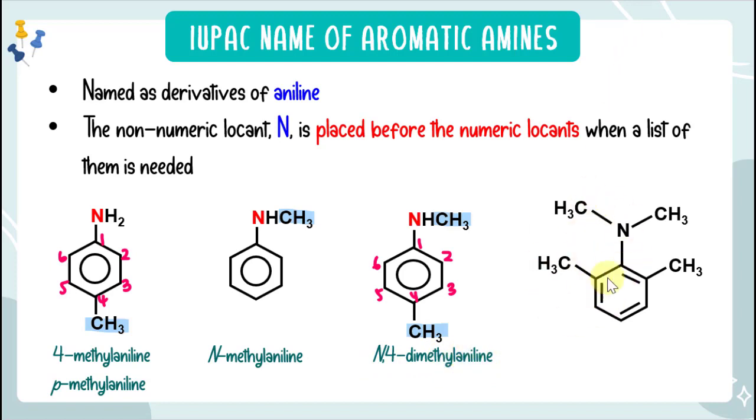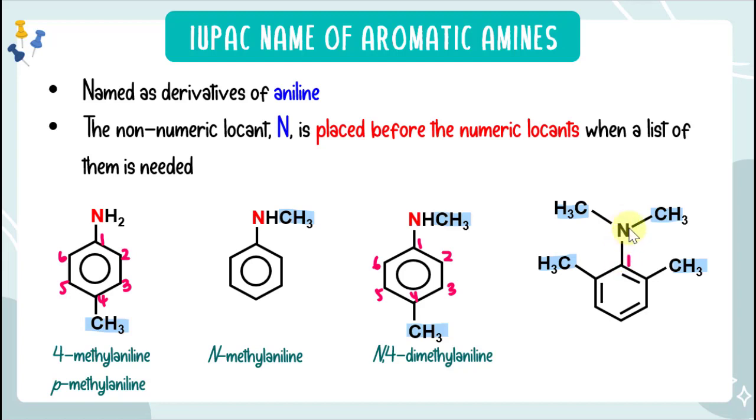And last but not least, for this tertiary aromatic amine, we have 4 methyl groups, 2 of them attached on the nitrogen atom and another 2 on the benzene ring. So we number our benzene ring; the positions for this methyl group and this methyl group are the same. So we number the carbon attached to the amino group as the first carbon.